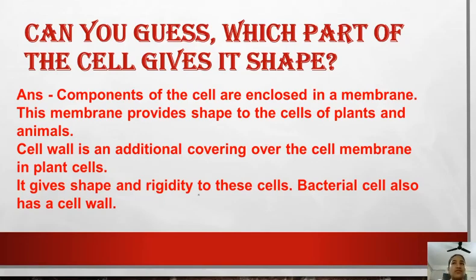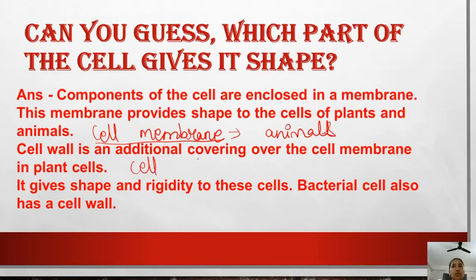It gives shape and rigidity to these cells. Bacterial cells also have a cell wall. Basically, the cell membrane gives the shape in animals, whereas the cell wall over the cell membrane, present only in plant cells, gives them the shape.